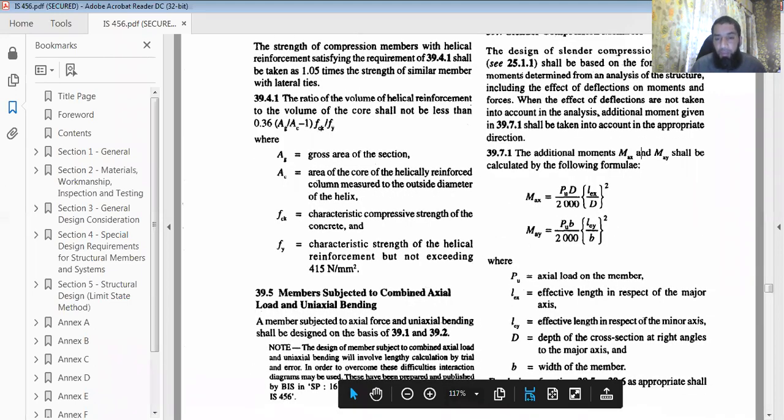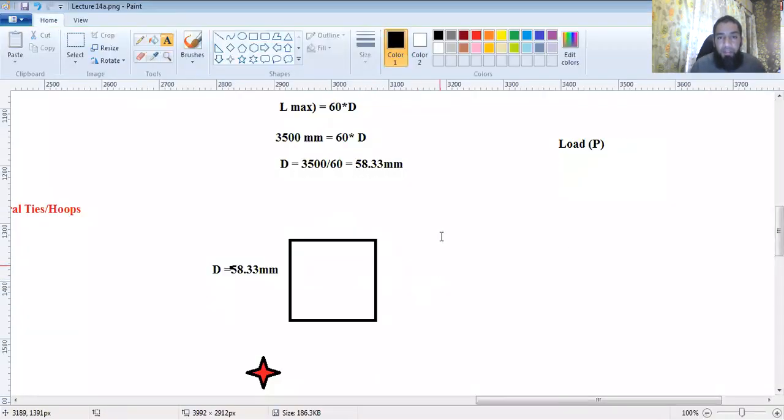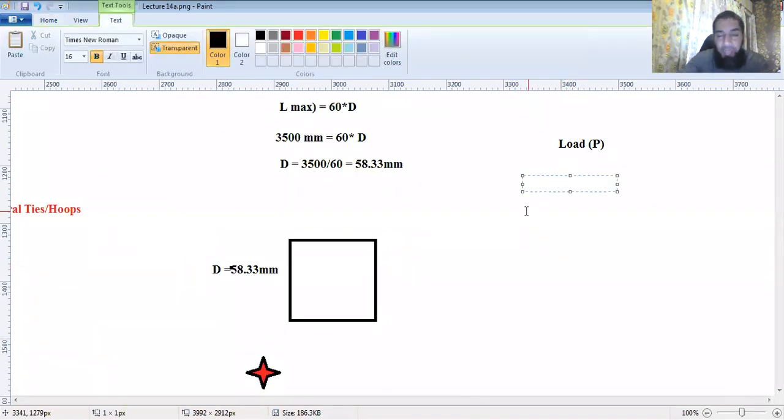So before going into that, let me first of all, based on the load, ask what is the expected load? For example, you have an expected load of 3500 kilonewton on the column. Now what would be the stress for which you are designing?